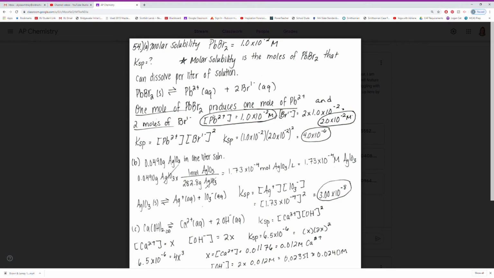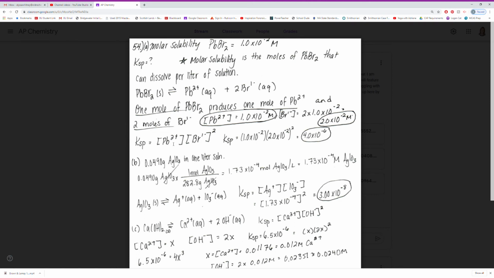So when considering the concentration of the two ions in solution, Pb2+ is still going to be 1.0 times 10 to the negative 2 molar. You could do it in a stoichiometric ratio, but you can just think it through. Because Br1- has a 2 in front of it, I needed to multiply the solubility of PbBr2 by 2 to get the concentration of Br-.